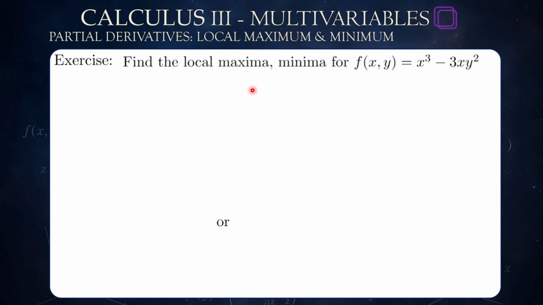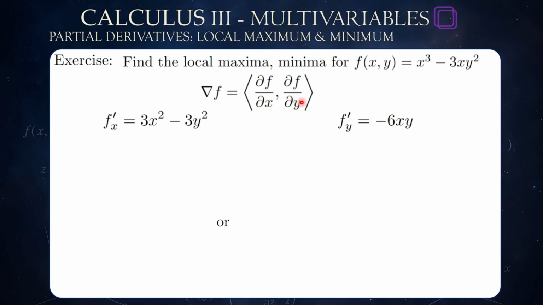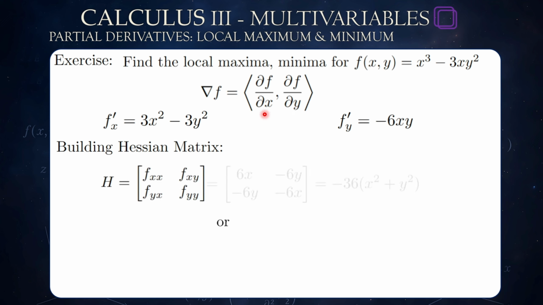Going back to the former exercise where we haven't yet found the local maxima and minima for the function f(x,y). Alright, so nabla f is equal to partial f over x, partial f over y, f prime x, f prime y. We've built the Hessian matrix, which is equal to minus 36 times x squared plus y squared.